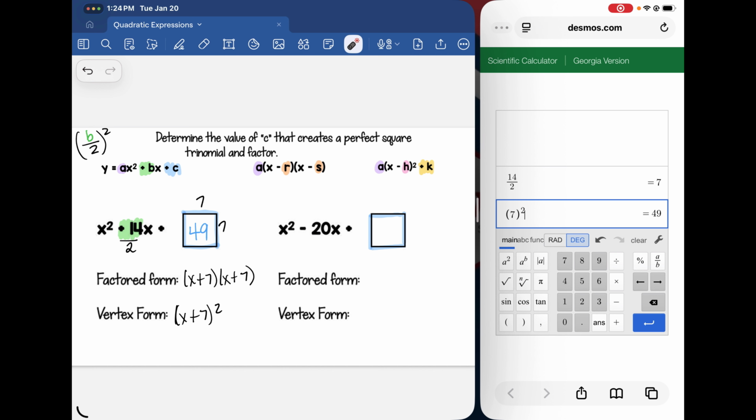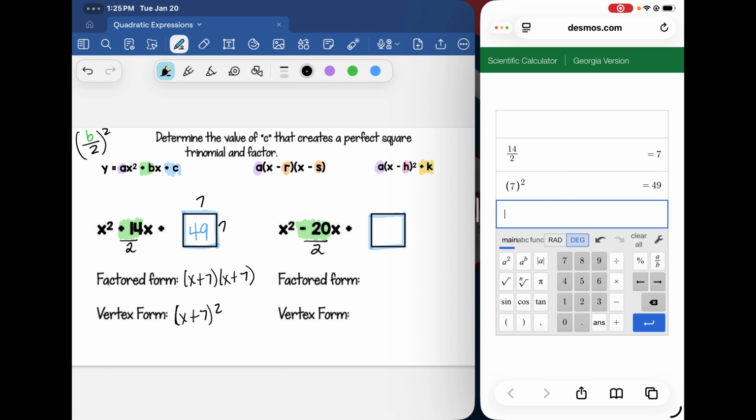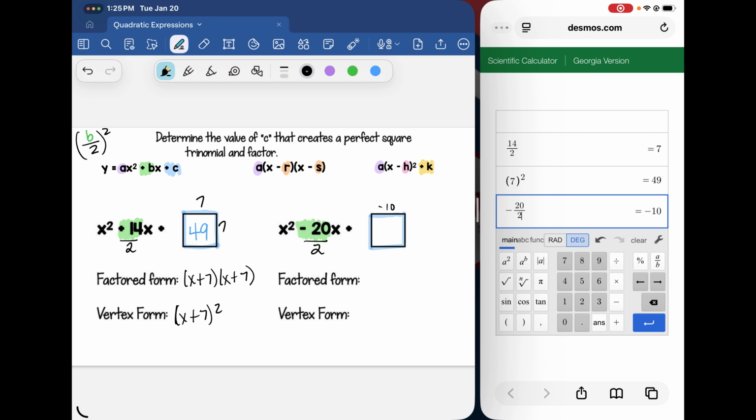All right. What about x squared minus 20x plus blank? What is my b value? My b value is now a negative number. It's a -20. I can still take half of -20. So -20 and half of it will be what? -10. Because -20 divided by 2 gives me -10. That means I can put a -10 on each side.